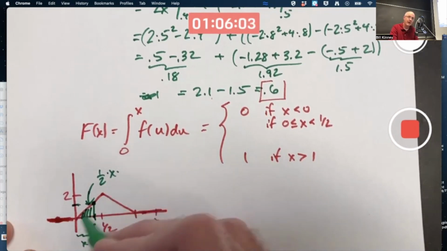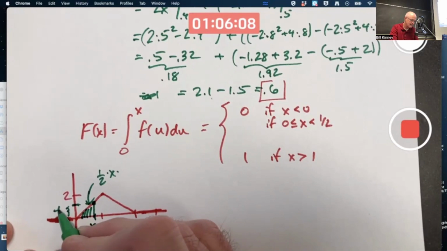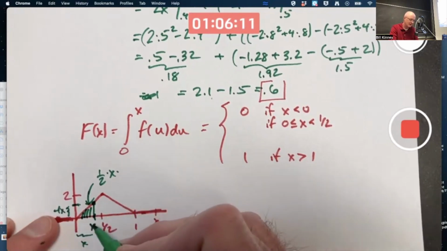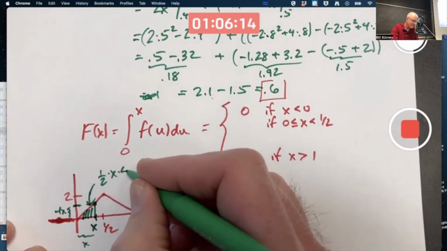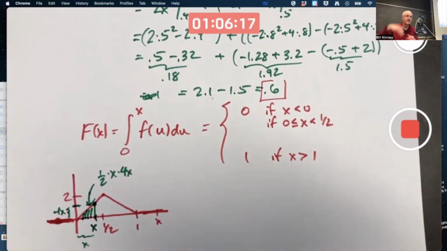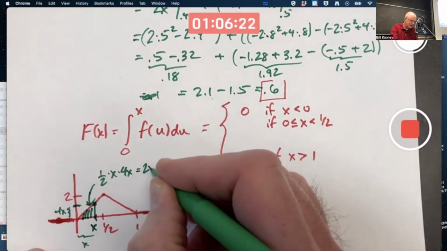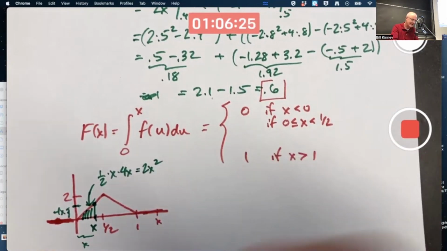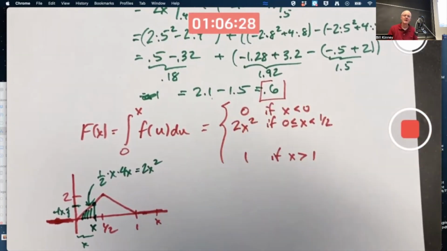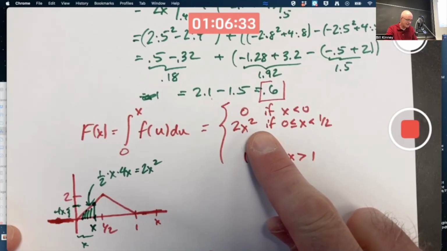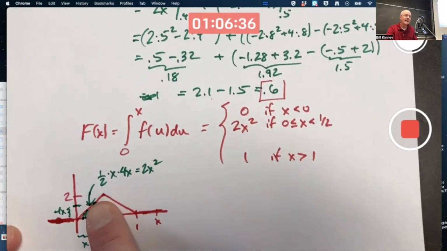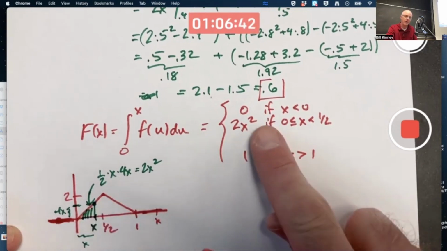The equation of this red line, remember, is y equals 4x. If this is x, this has got to be 4x, even though it looks like it's about the same length as x. It's because the scales are different on the axes again. Simplify, you get 2x squared. That is the answer if x is between 0 and 1/2. Notice its derivative is 4x. That's not an accident. The equation of that line, 4x, is the derivative of what we got there.